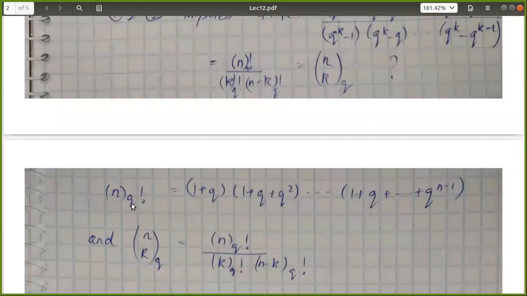So Q factorial of any number is this huge product, instead of 1 into 2 into 3 and so on up till n. It's a product of these polynomials.